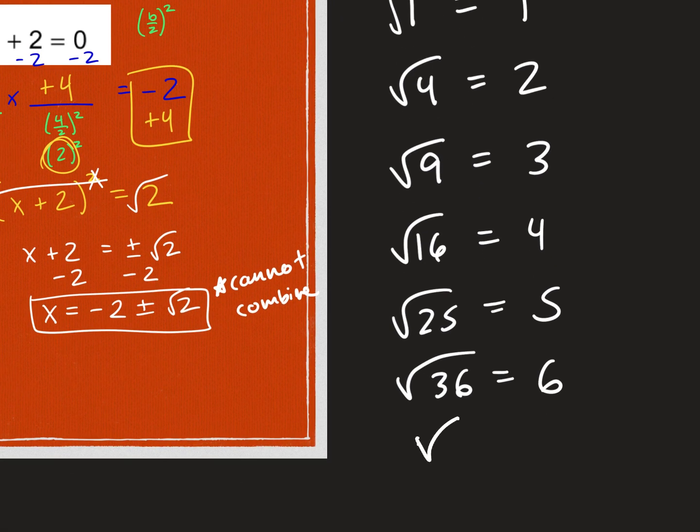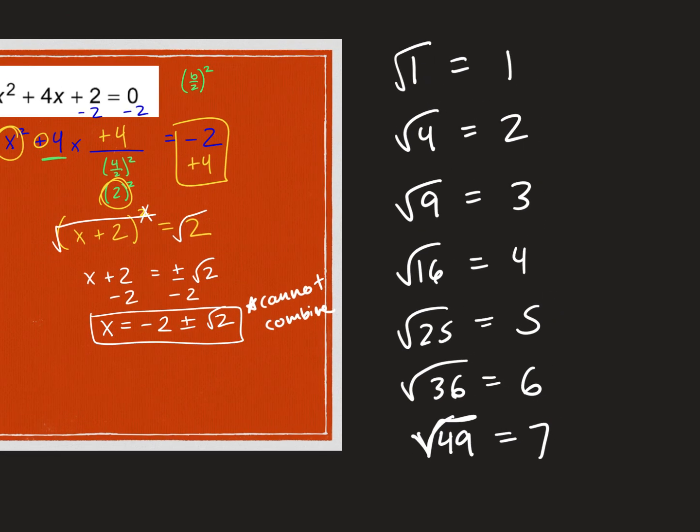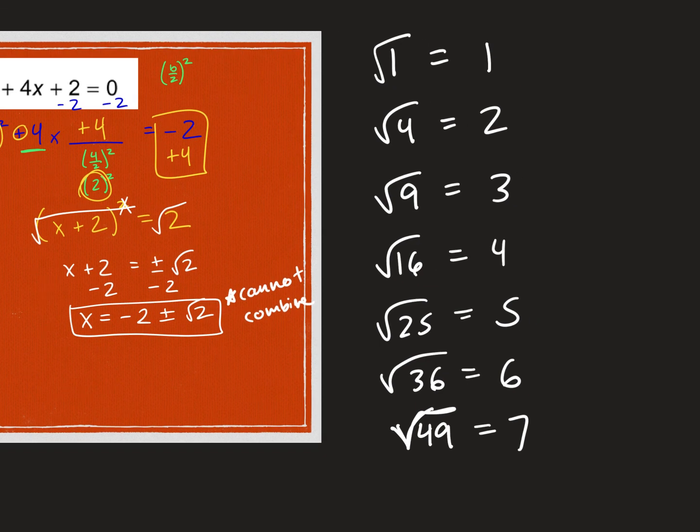And square root of 49. 7. So these are perfect squares. We can take the square root of these numbers, but anything else, we just leave it as a square root. What's the square root of 100? 10. Remember, 10 times 10 is 100.